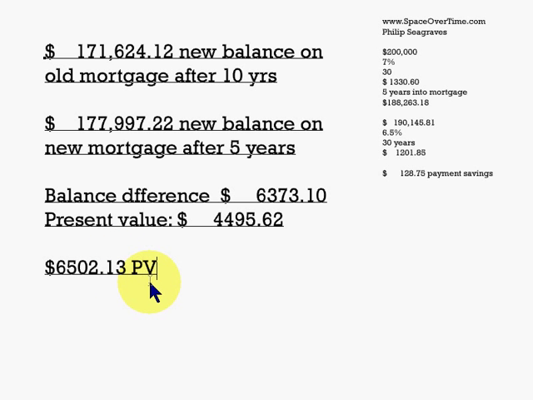And that's the PV of my payment savings. Okay, so remember, this is the good part. I'm saving money. This is the bad part. This is what the present value of that extra balance is going to be worth down the road.